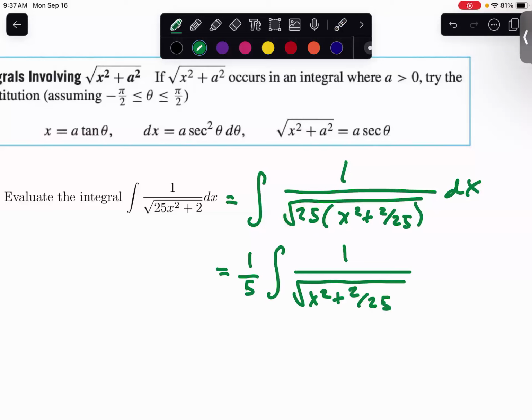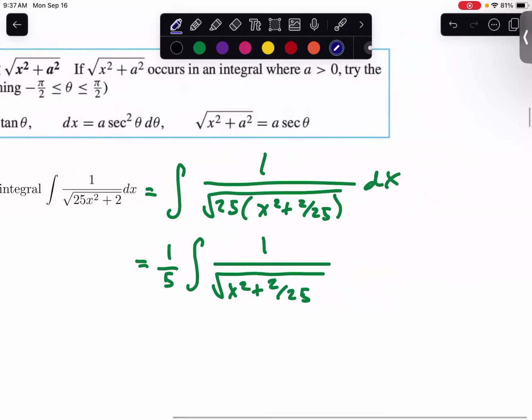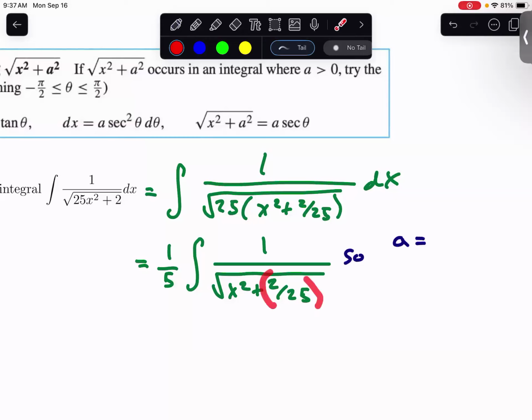And so in this case, what is our a going to be equal to? Does anyone see? Yeah, so your a is just going to be the square root of this thing, right?